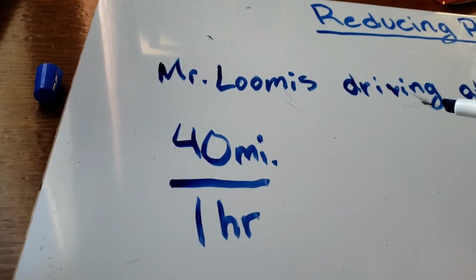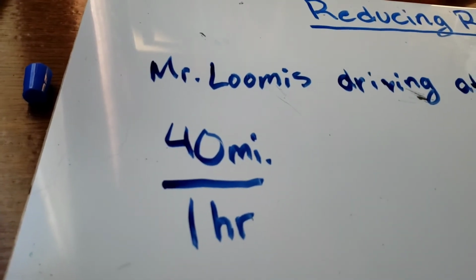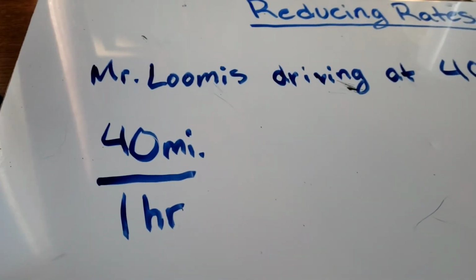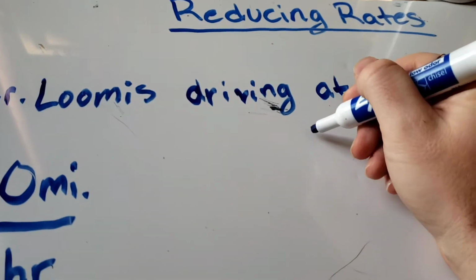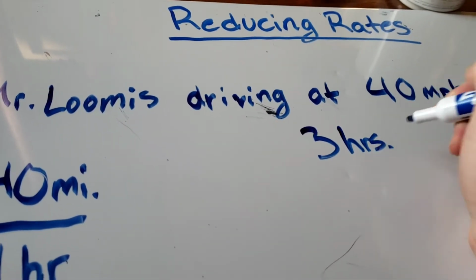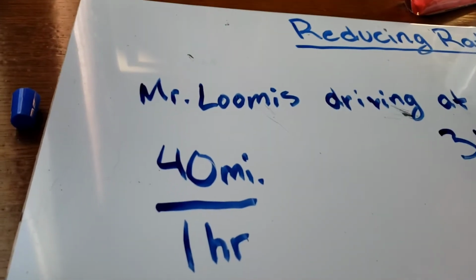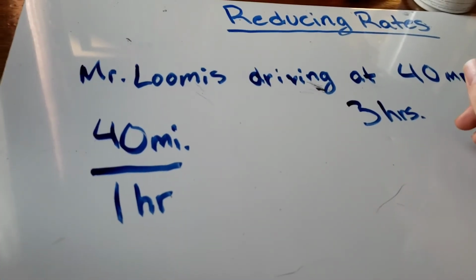Now with that, we can do several different things that make our lives a lot easier. So let's start off with an example. Let's say we want to know how far Mr. Loomis will travel in 3 hours. So in the past, with fractions and with units, we've talked about cross-canceling.